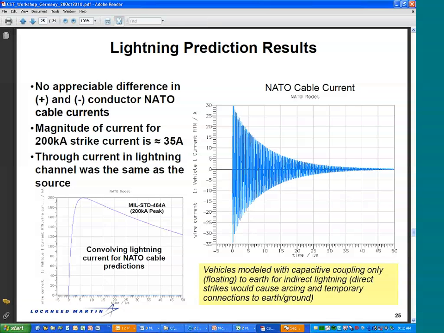These NATO connector cables do not have shields on them, so this is the energy coming in, and because the cable is 20 feet in length, there are rate of change current and magnetic field components that can excite resonances in that cable. Even though the energy is rolling off significantly at higher frequency, there's still enough high frequency content in a double exponential waveform to excite particular resonances in that cable.